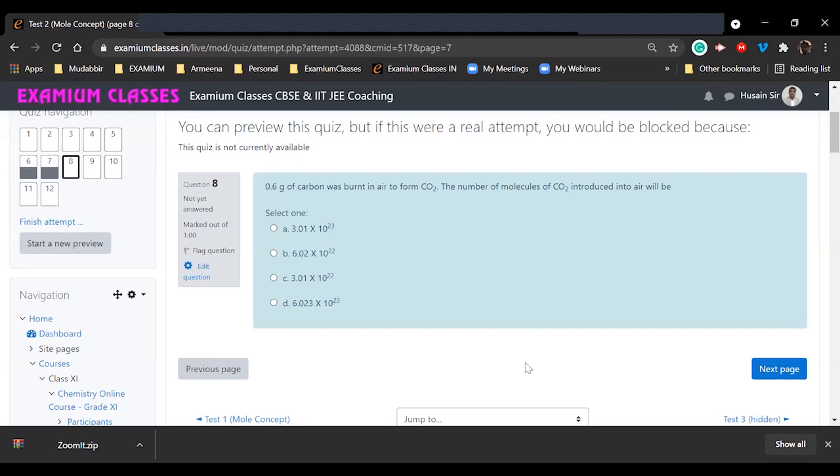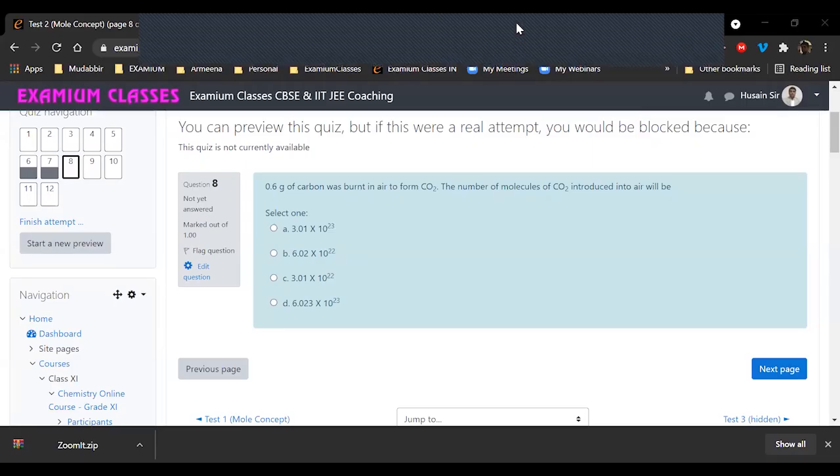0.6 grams of carbon was burnt in air to form CO2. The number of molecules of CO2 introduced into air will be. So it is simple. C plus O2 will give you CO2. 0.6 grams, you have been asked how many molecules of CO2 will be produced. I'm just calculating it or showing it very quickly. If you don't get it, let me know.